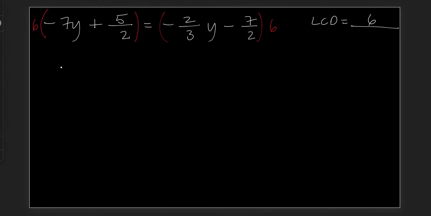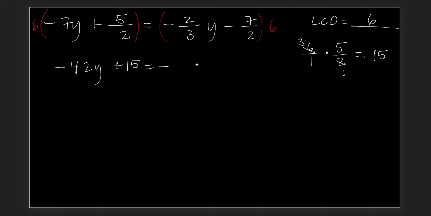So 6 times negative 7y is negative 42y. 6 times 5/2. We can take this over here and look at 6 this way, times 5/2. And then you can see 2 goes into 2 one time, 2 goes into 6 3 times. That looks like 15. So positive 15 goes right here, then the equal sign, and whatever we get next is going to be negative and a y term, and then the subtraction sign.